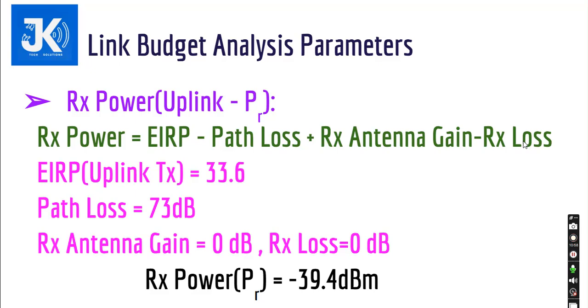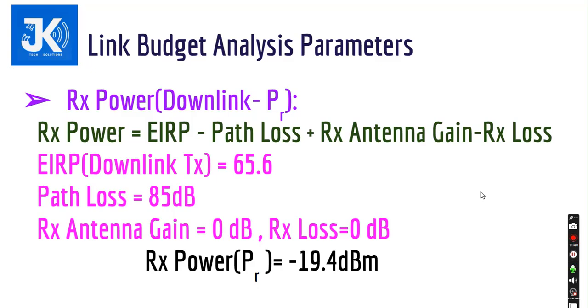Here the uplink TX EIRP is equal to 33.6, and we have taken the path loss as 73 dB, and we consider the RX antenna gain and RX loss as 0 dB. After substituting the EIRP and path loss in the above equation, we get the RX power for uplink, which is equal to minus 39.4 dBm. So this is the receiving power for the uplink antenna.